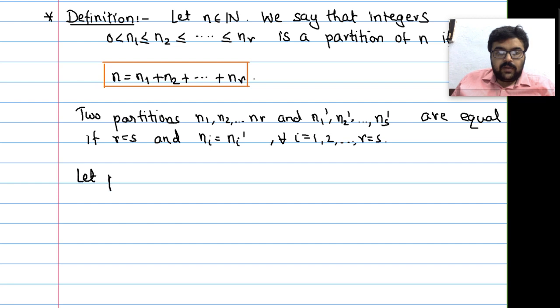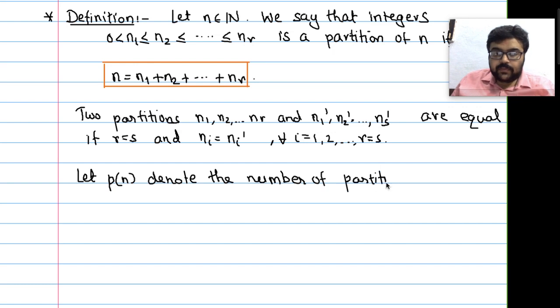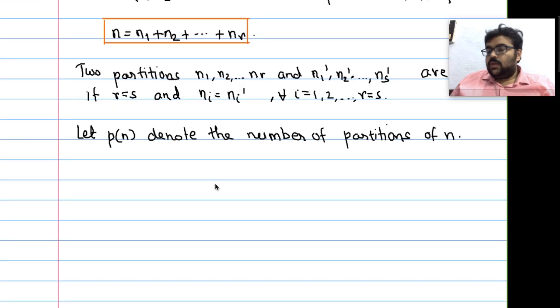Let p of n denote the number of partitions of n. So let us count how many partitions of 1, 2, 3, 4 are possible.